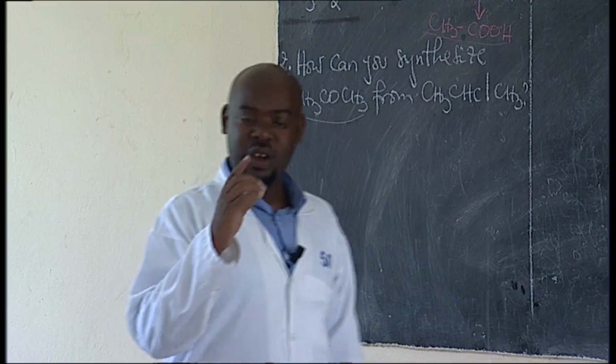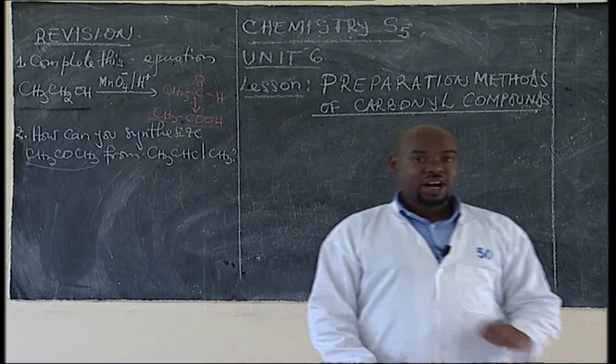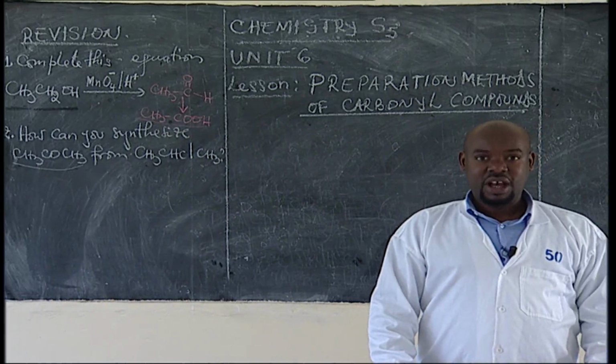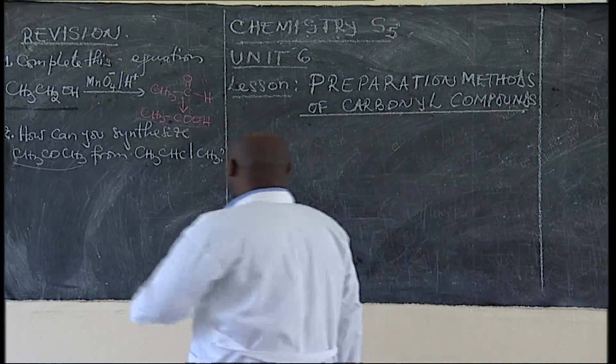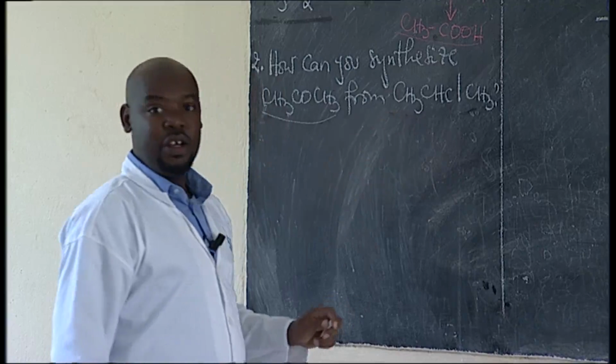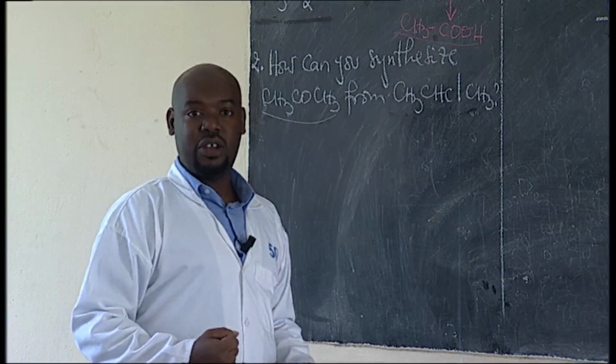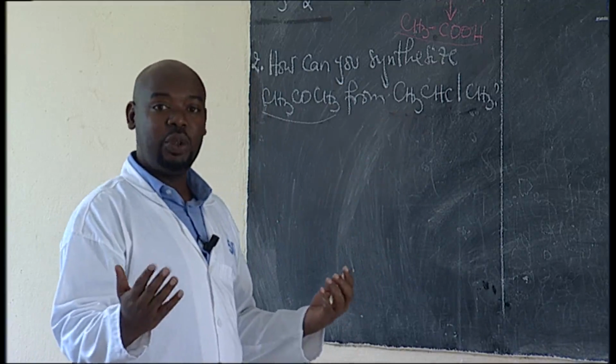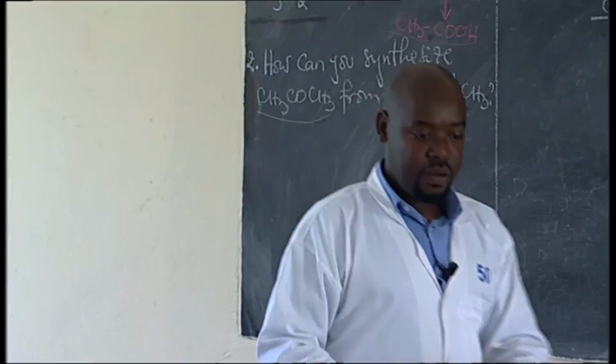Do you remember the chemical properties of alkyl halides, halogenoalkanes? Yeah, you do. So from this alkyl halide, we can use aqueous sodium hydroxide to transform it into a secondary alcohol. How is it done?